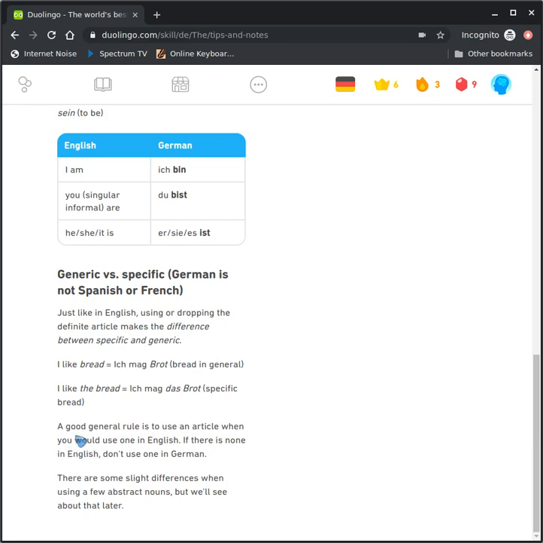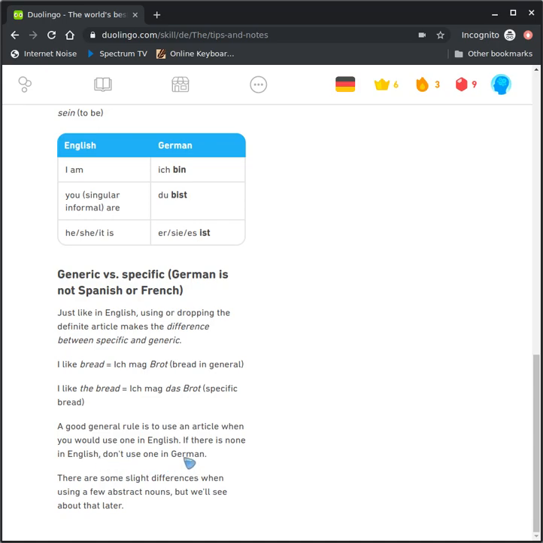A good general rule is to use an article when you would use one in English. So it's like you would say something in English, you'd say the bread or the car or the basketball or whatever. You would say that in German too. I guess that's what they mean. If there's none in English, don't use one in German.